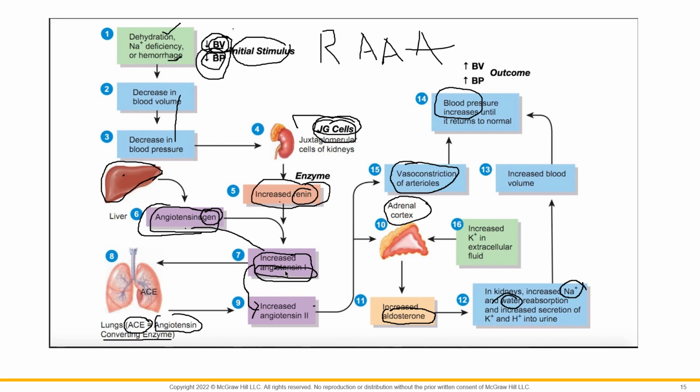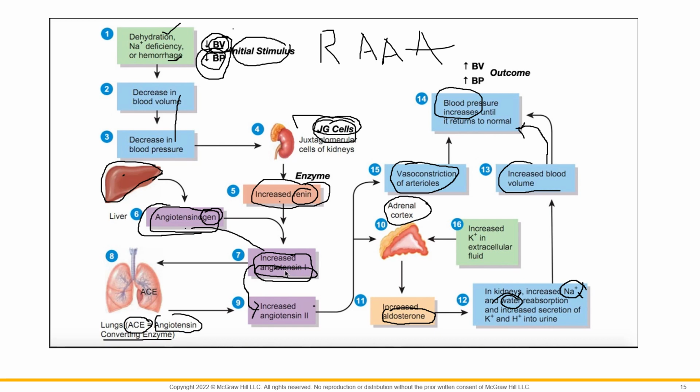In this case, we want our GFR to go back up into the normal. So here it is going to tell the nephron to send sodium and water back into blood. So that is how blood volume is increased until blood pressure goes back to normal. And when blood pressure goes back to normal, your GFR goes back to normal.